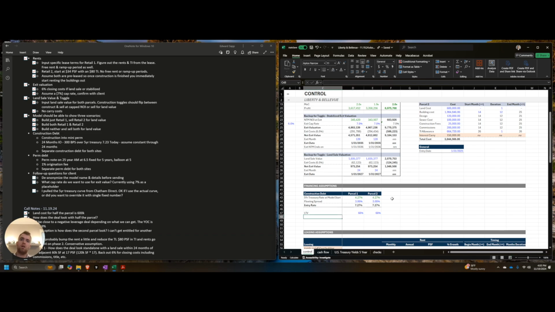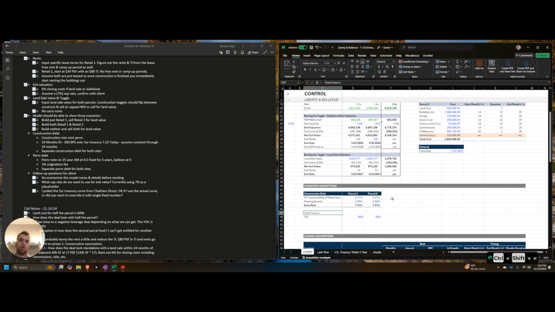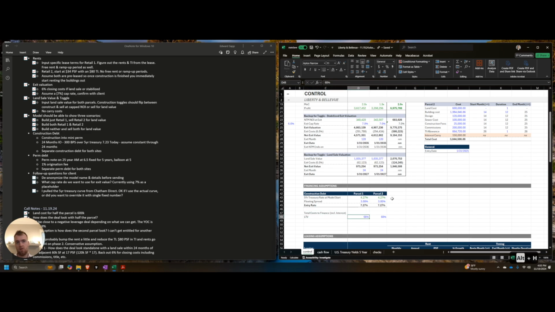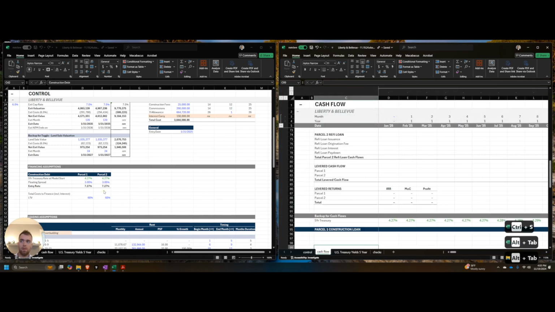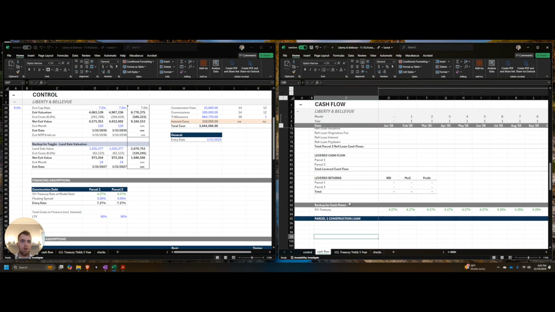So I've got the LTV. Total cost to finance, including interest. This is where we're going to start getting fancy. So let's just go ahead, pull that one up on the left. So we've got it here.